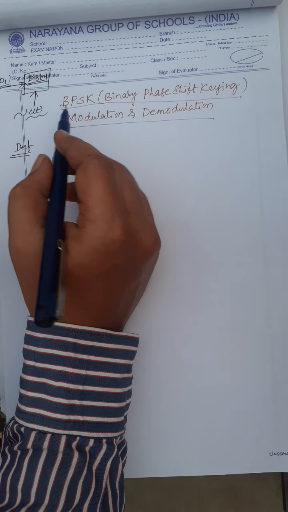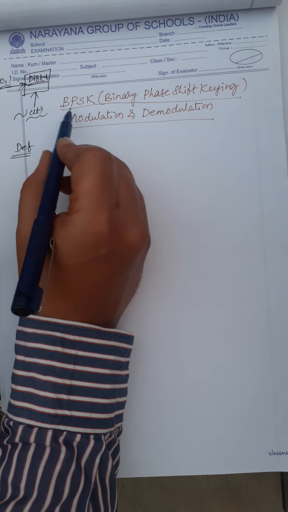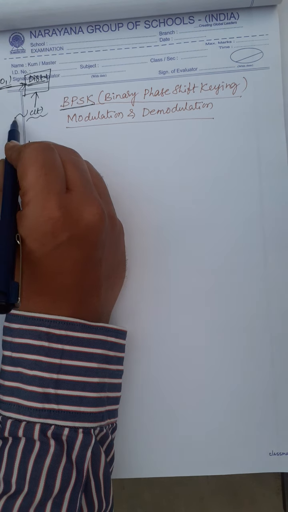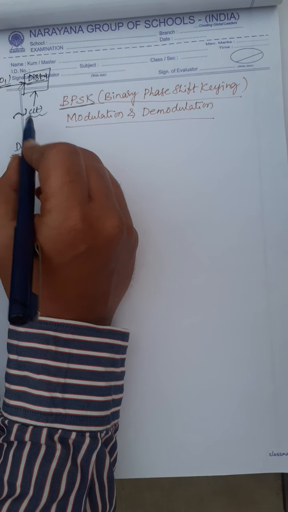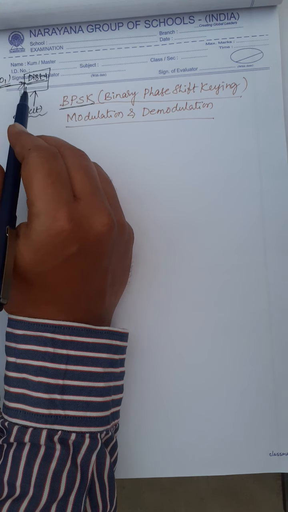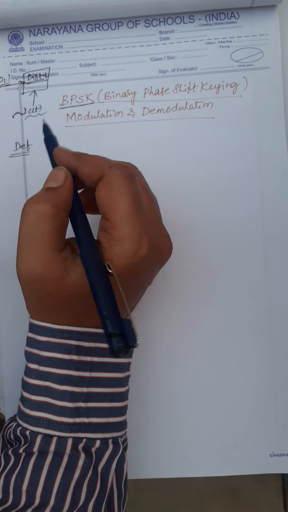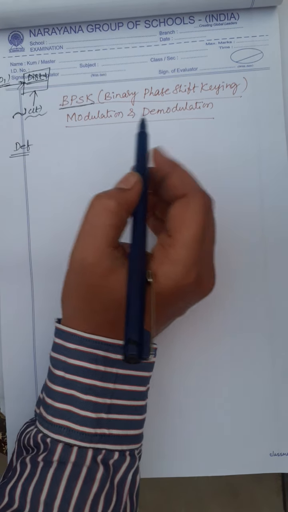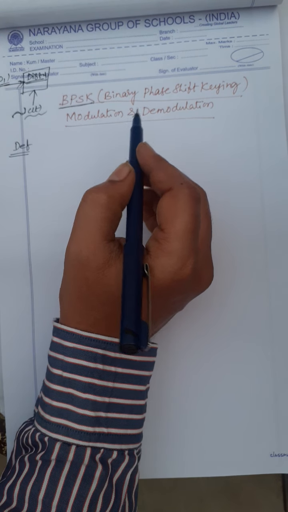Now, the definition of BPSK is the process in which the phase of the carrier is varied according to the input data signal, keeping amplitude and frequency constant.